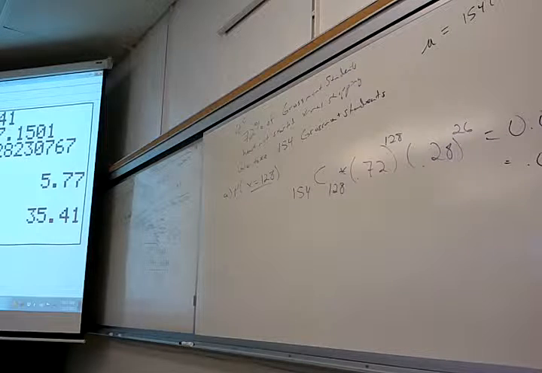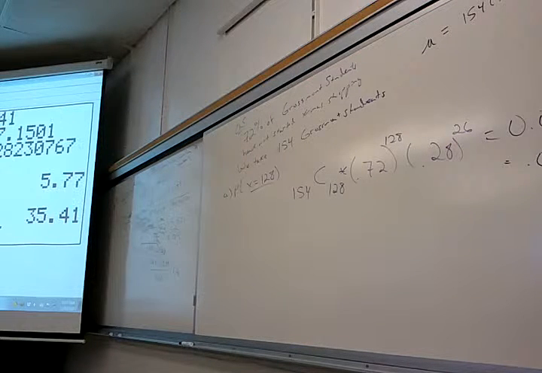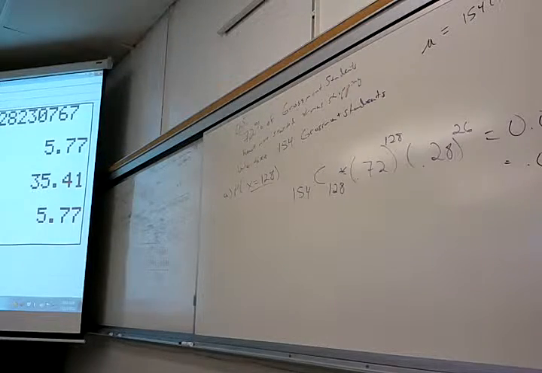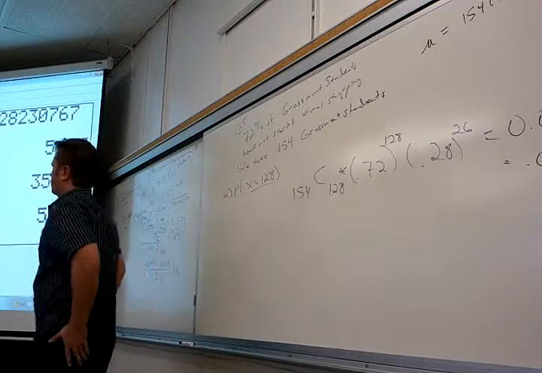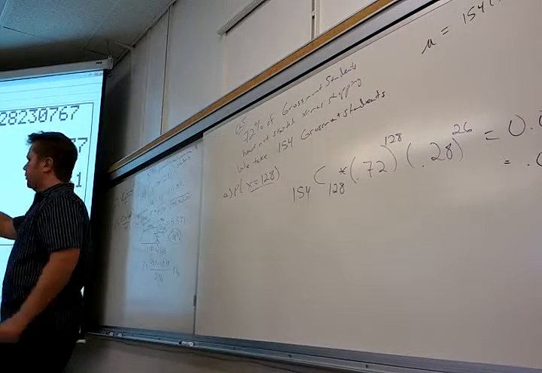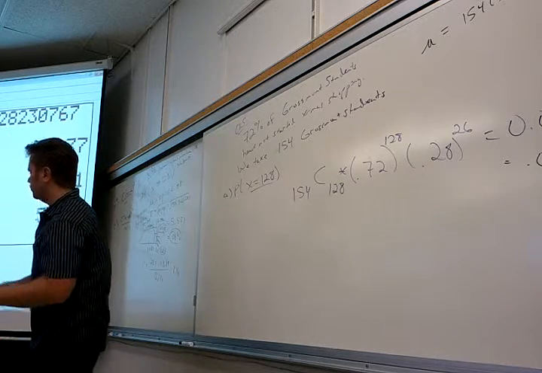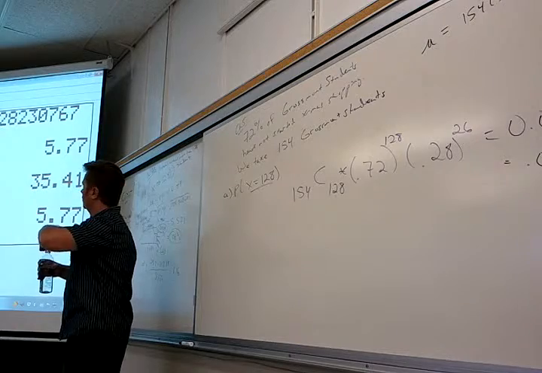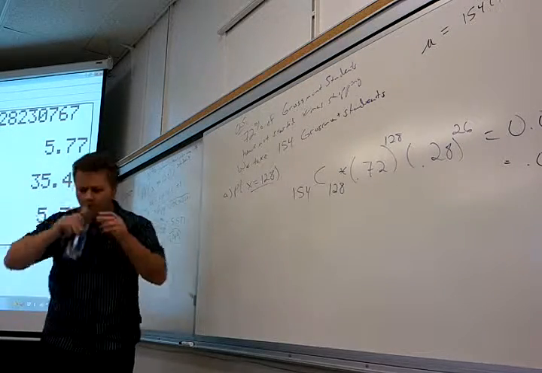Second stat, math, number 5 is sum, and then you just put in whatever list you want to add up. So if I put in list 2, it would come out to be 1, of course, because I'd be adding up all the probabilities.